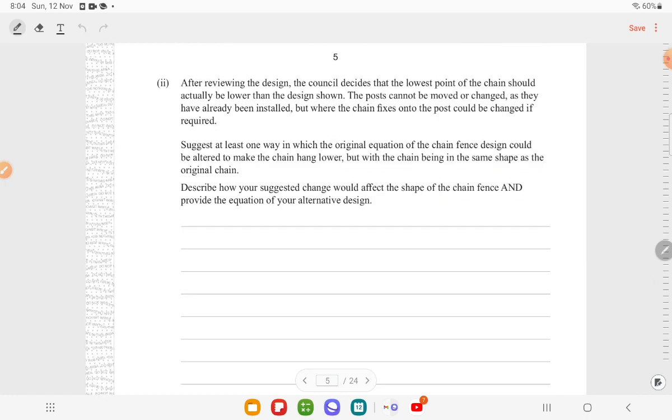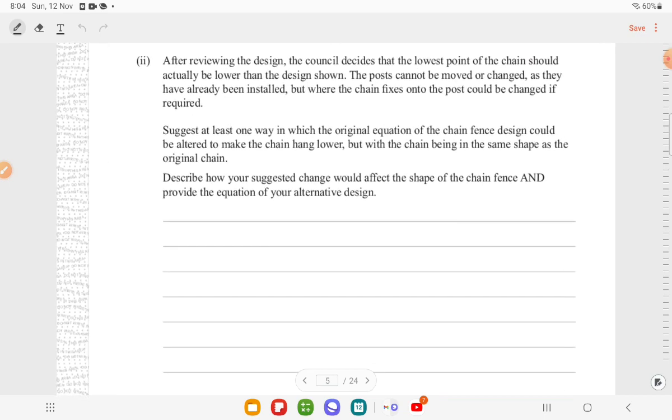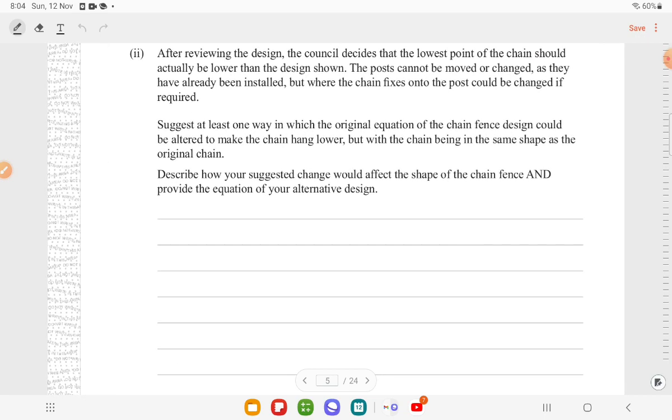The posts cannot be moved or changed as they have already been installed. So suggest at least one way in which the original equation of the chain fence design could be altered.